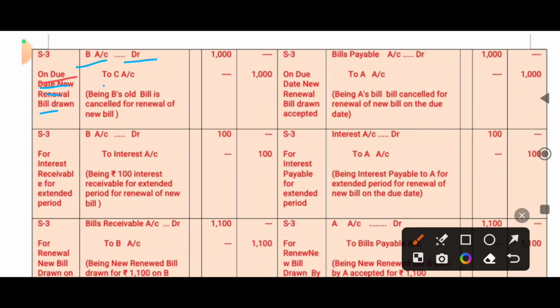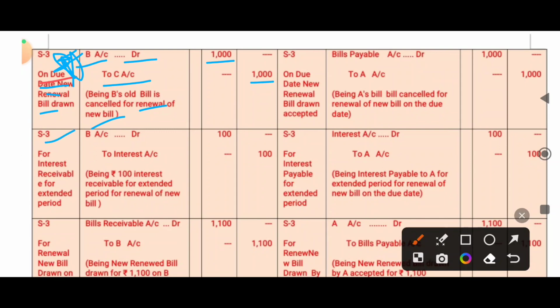B account debit to C account because he has to pay it to C again. So B's account will be debited to C account. This is the important general entry over here. So 1000 rupees, old bill is cancelled for renewal of new bill.